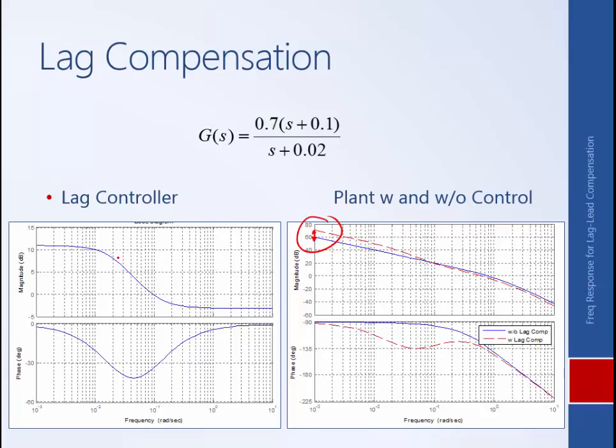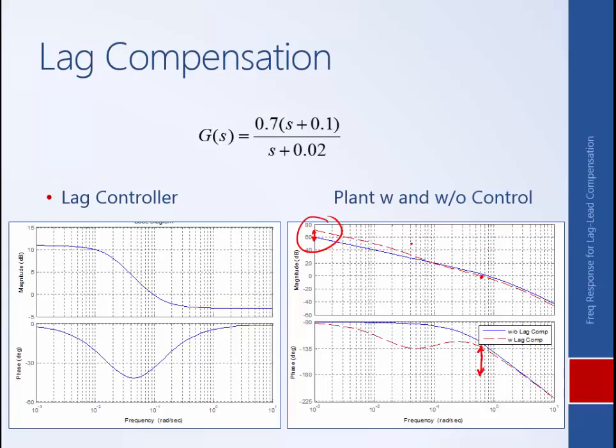So the ratio of pole and zero determines the reduction in gain, in order to move the gain crossover frequency to a location where our plant has the amount of phase margin we desire.